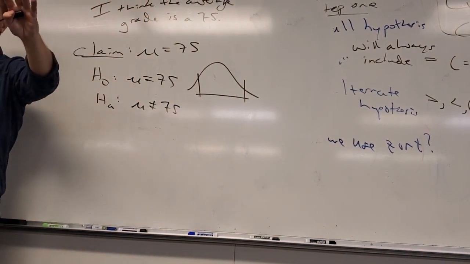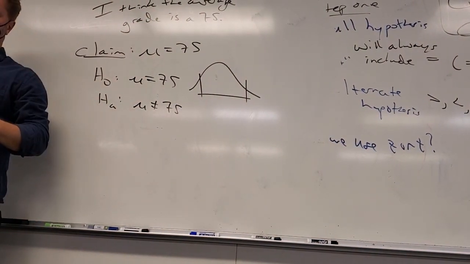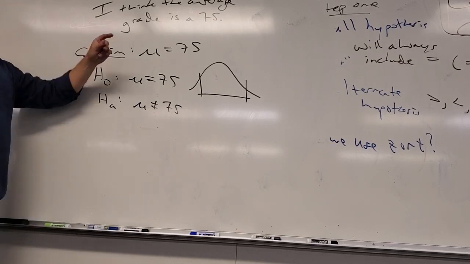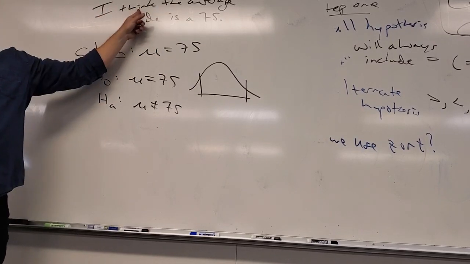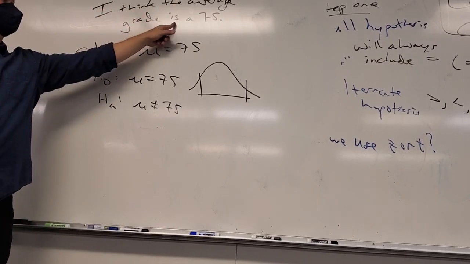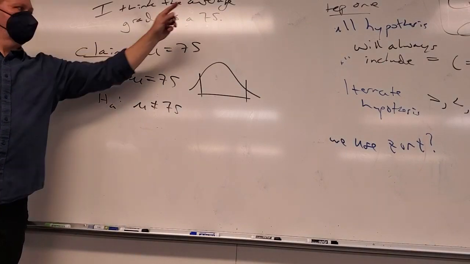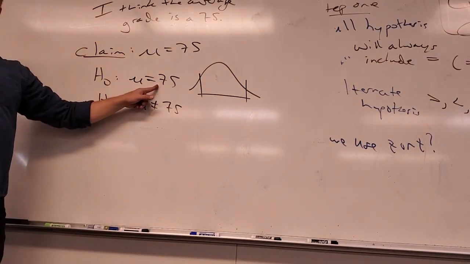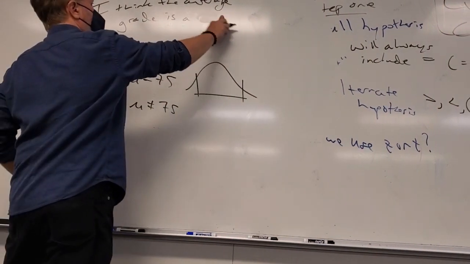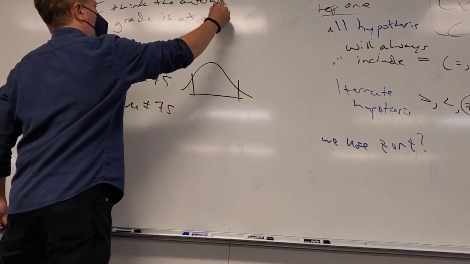You guys with me? So on simple things like that, the question automatically assumes equal, in a way. Okay, that's a claim. The average grade is a 75. So this would be the claim since it has an equal sign. There you go. What if I said is at most 75?